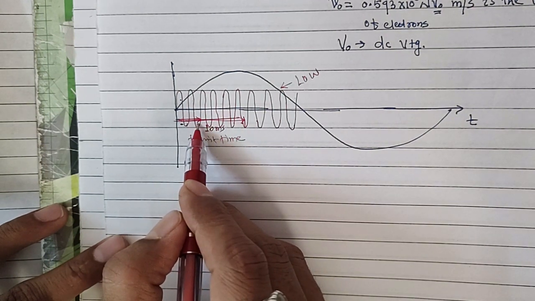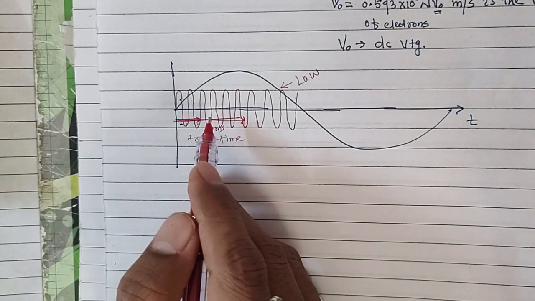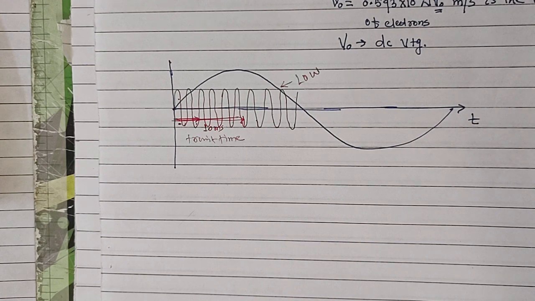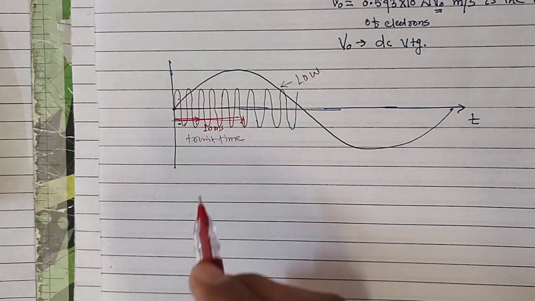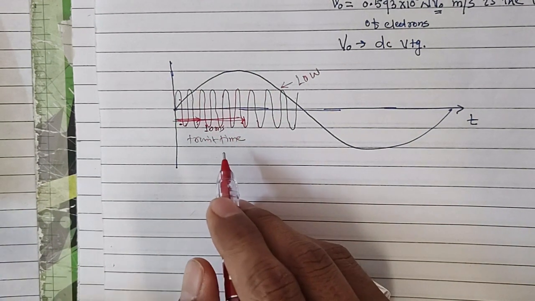So the energy electrons acquired during negative cycle will be released during positive cycle, and it may happen maybe 10 to 100 times in between this particular transit time.